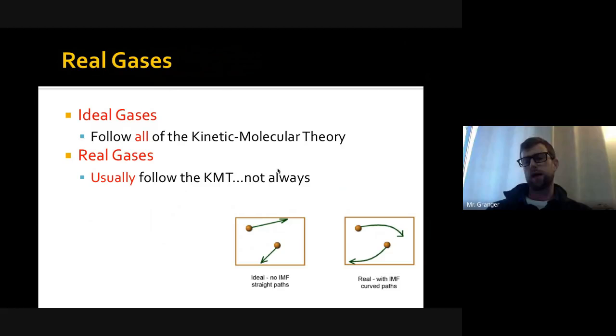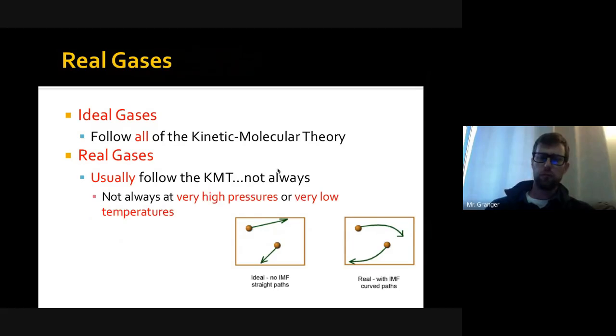A real gas with intermolecular forces travels a curved path. Okay, so that's one factor that could change as a result. They're not always at very high pressure or very low temperatures, and they can start acting like liquids where they tend to clump together and stick.